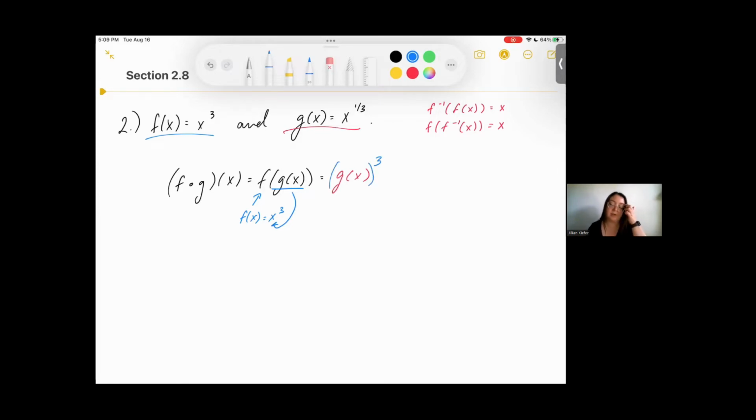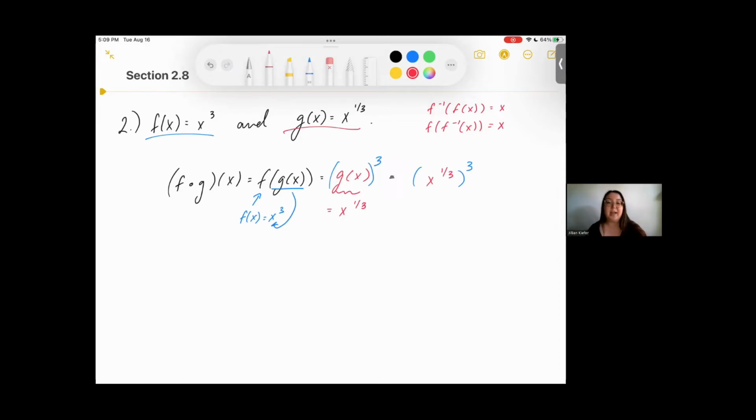We put some parentheses around that. So we have g of x to the power of 3. Now we know what g of x is, so we can replace g of x as well. We know that g of x is equal to x to the power of 1/3. So we're going to have x to the power of 1/3, also to the power of 3.